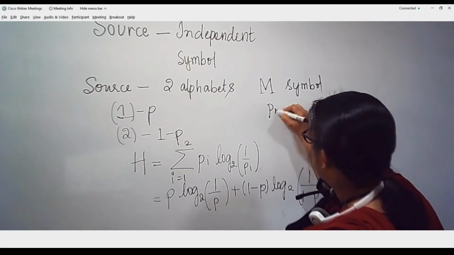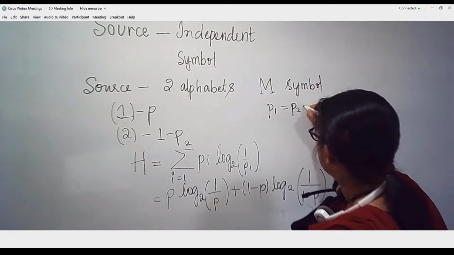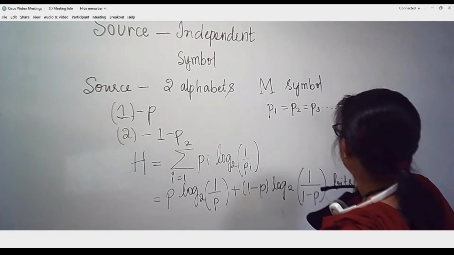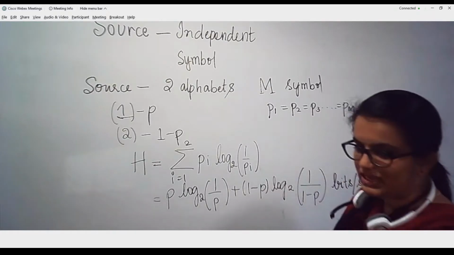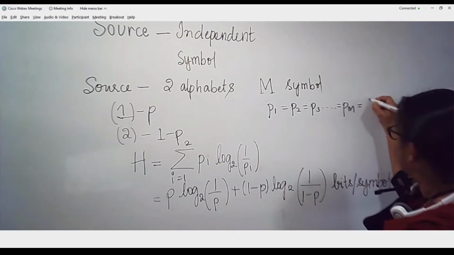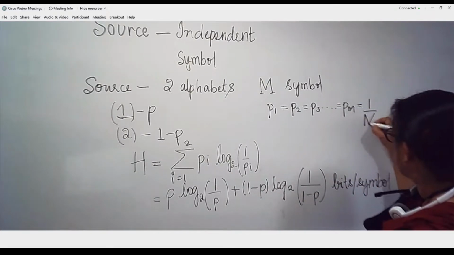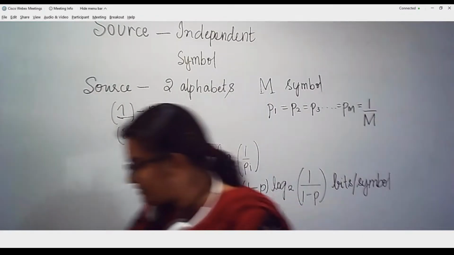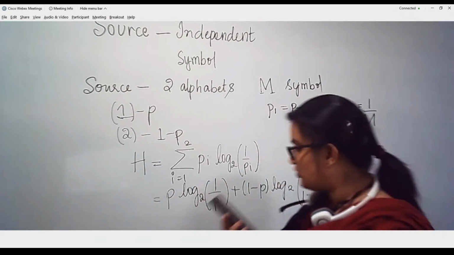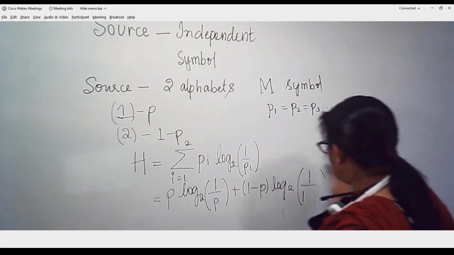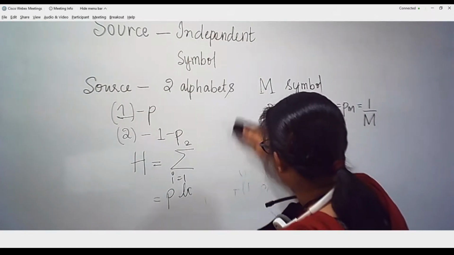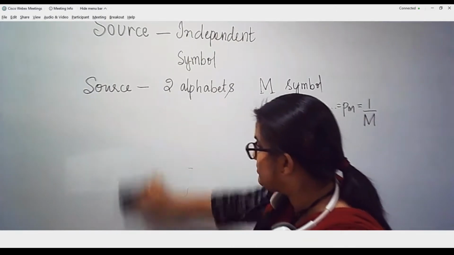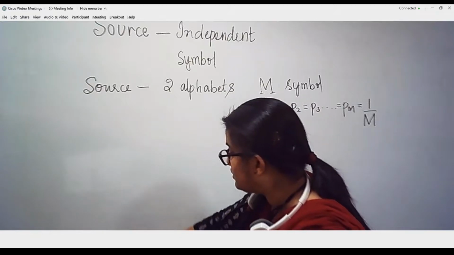That means P1 is equal to P2 is equal to P3, and so on, equal to the probability of the symbol m, and that will be equal to 1 over m. That is what we saw yesterday, right? Alphabets A, B, C, D. If we consider all the 26 alphabets, the appearance of A will not depend on the appearance of B.